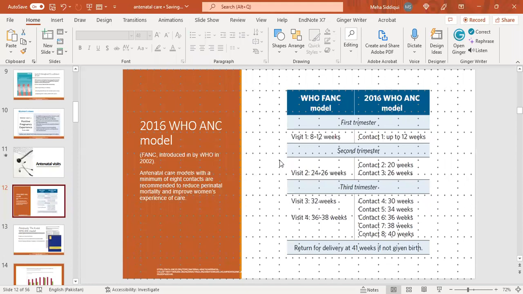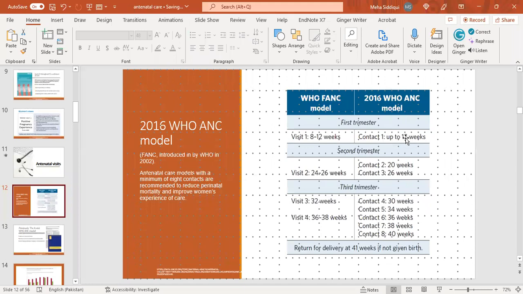But then it was replaced by the 2016 WHO model, which consisted of 8 visits. The antenatal care model with a minimum of 8 contacts is recommended to reduce perinatal mortality and improve women's experience of care. So this is the 2016 WHO ANC model.